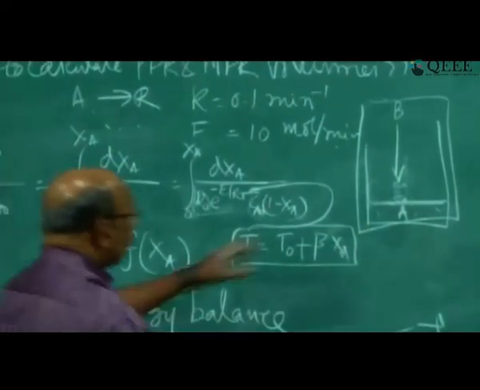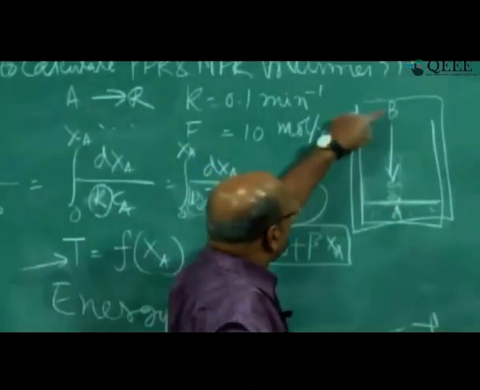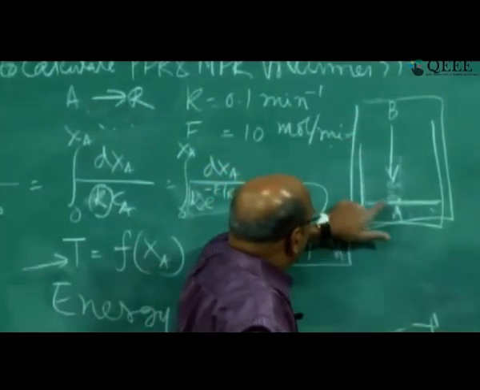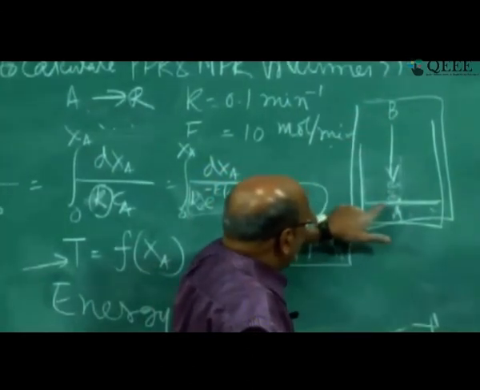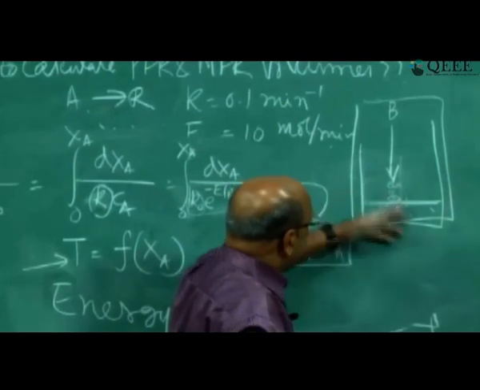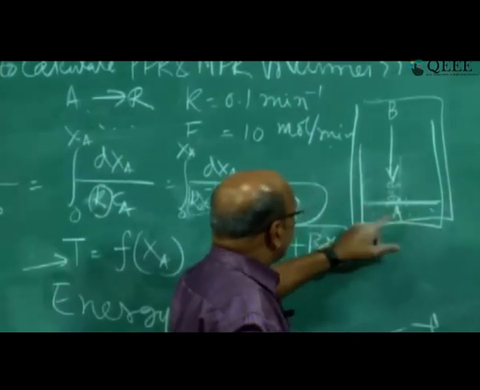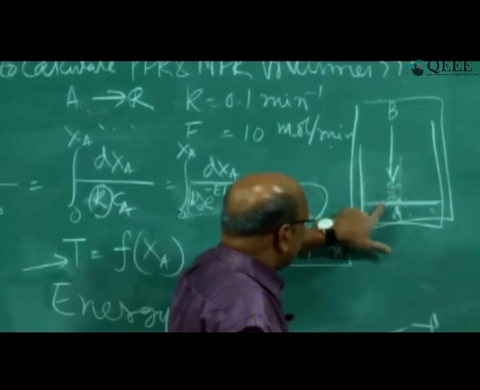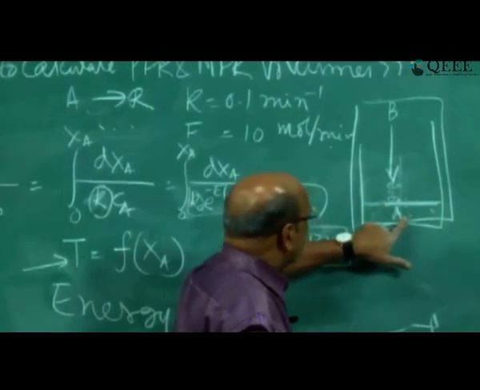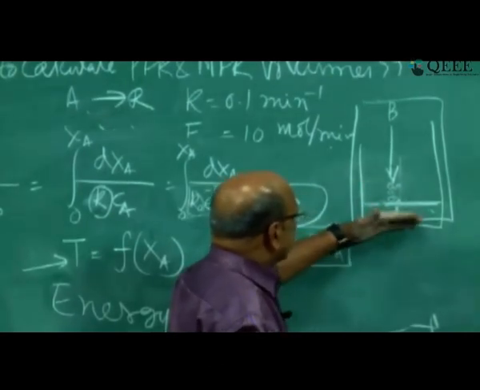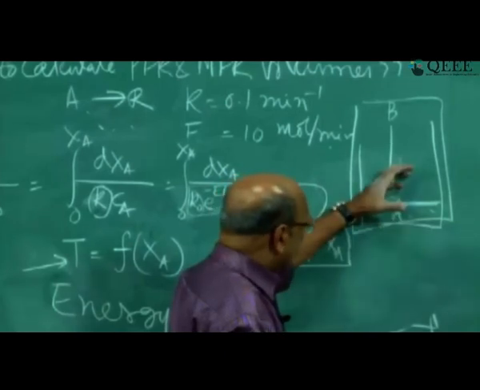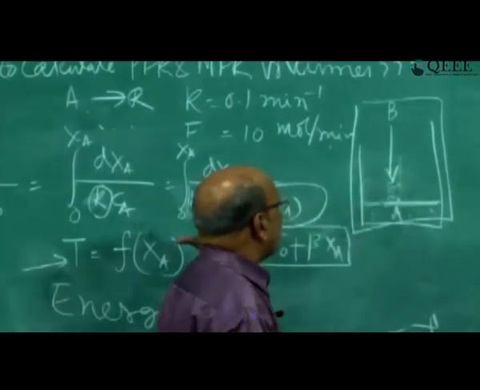So actually this is more complicated because when you are adding B, slowly the level is increasing, and along with that reaction is also going on. So you have to take volume change into account, reaction rates into account with the time. That is why it is mathematically slightly more complicated than the equations we have derived.